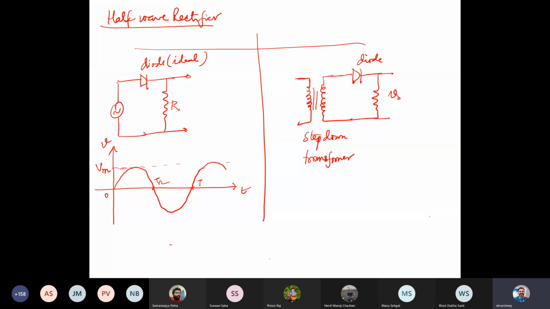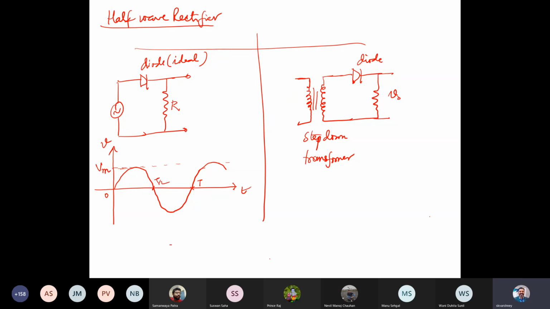If the diode is ideal, then as soon as you apply a voltage, there will be an output. Since it's an ideal diode, there is no voltage drop across the diode, so the voltage across the resistor would be the current flowing in the circuit, I times R, that will be the output voltage. So it will follow the same as the input, right?